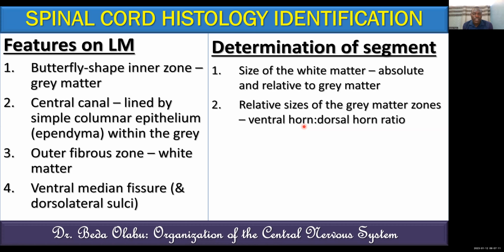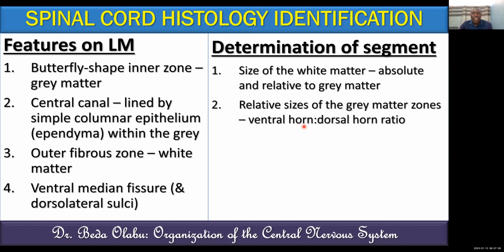However, there are some regions where the transverse diameter of the ventral horn is quite pronounced compared to the transverse diameter of the dorsal horn. Those regions are regions which give rise to the plexuses that supply the limbs. I've just mentioned to you that the ventral horn cells are quite big.